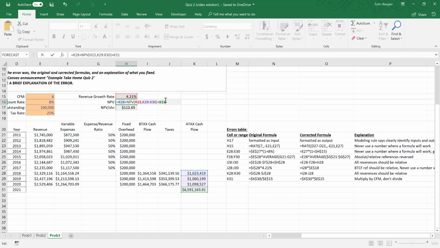That means the terminal value is not getting discounted. So let's get rid of that and extend that range that is getting discounted to include the terminal value. And then the revenue growth rate again is being used for the discount rate. So we can easily fix that.